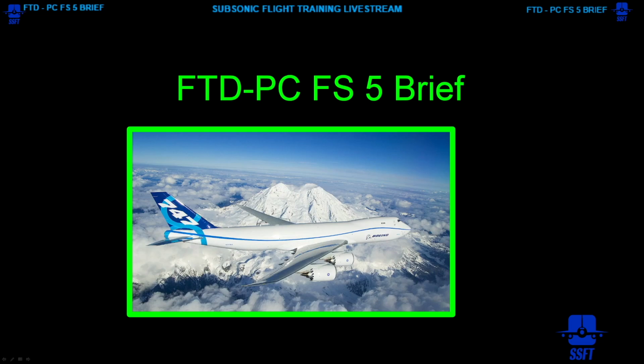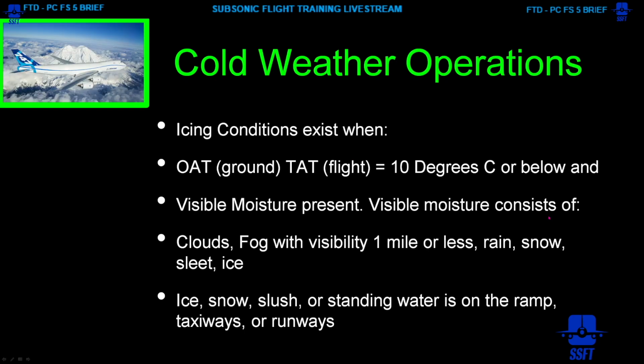Okay, we're on our PowerPoint now for lesson 5 brief. So cold weather operations, since we have icing conditions today, cold weather operations can normally be found in the supplemental procedures under adverse weather.